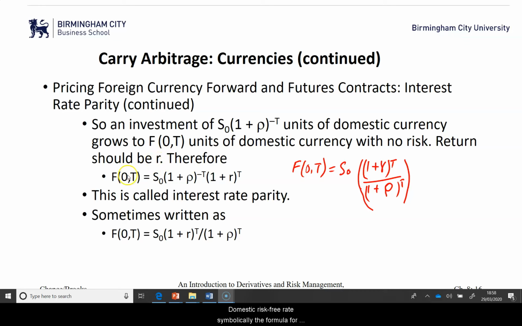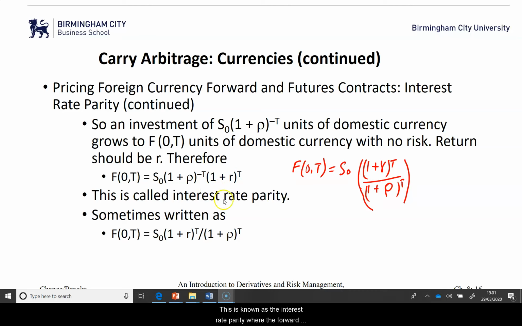Symbolically, the formula for the forward price in such a case can be written like this, which is equal to the current spot price multiplied by 1 plus the foreign interest rate raised to the power minus t, multiplied by 1 plus the domestic interest rate raised to the power t.